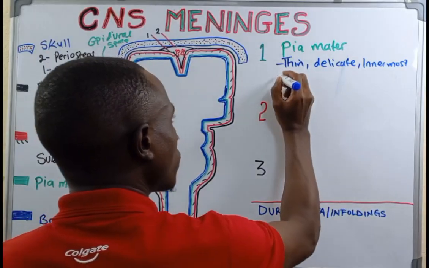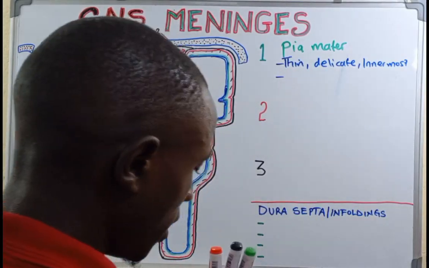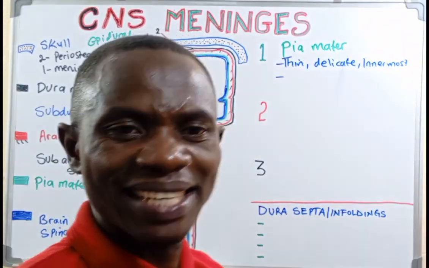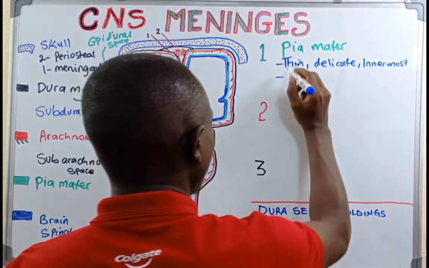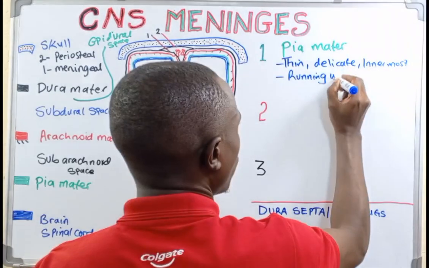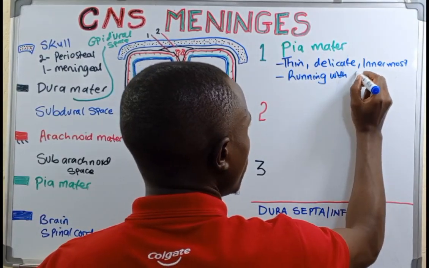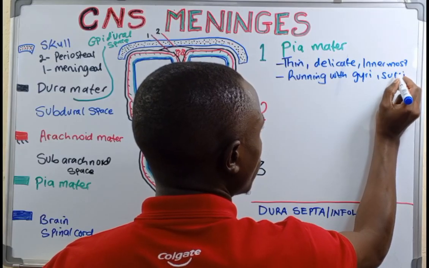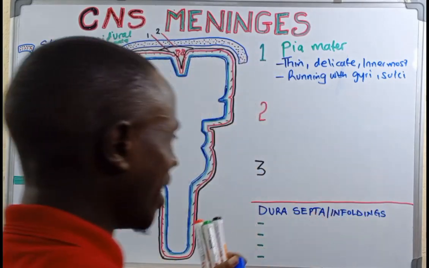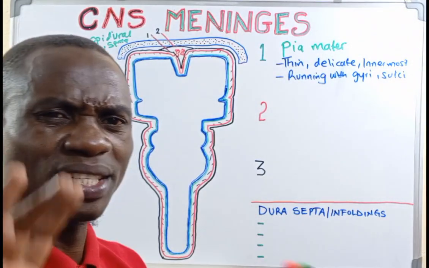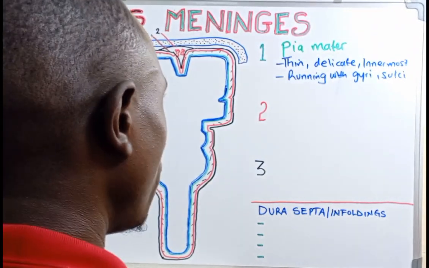And of course this pia matter is going to be running with the gyri and the sulci. It is one of the most important meningeal layers that runs along the sulci and the gyri of the brain.